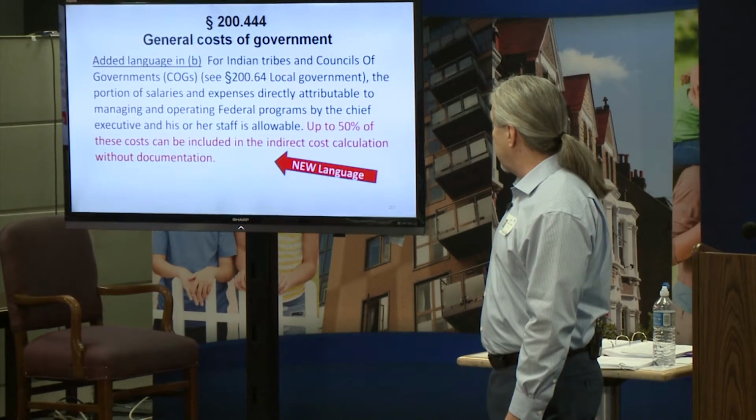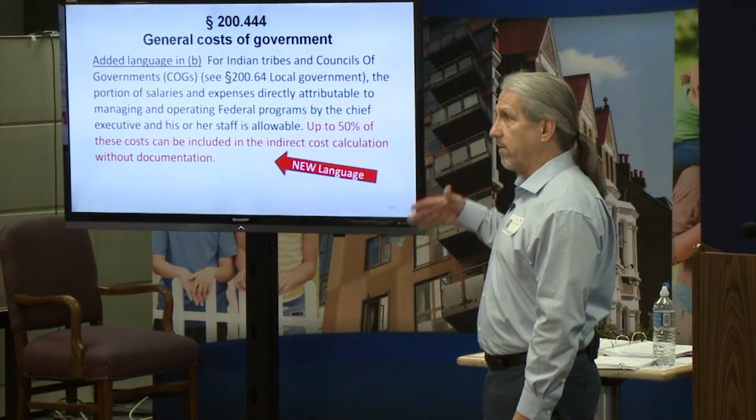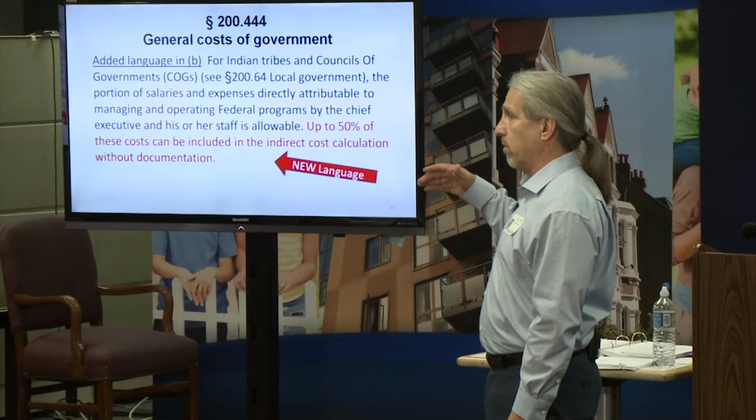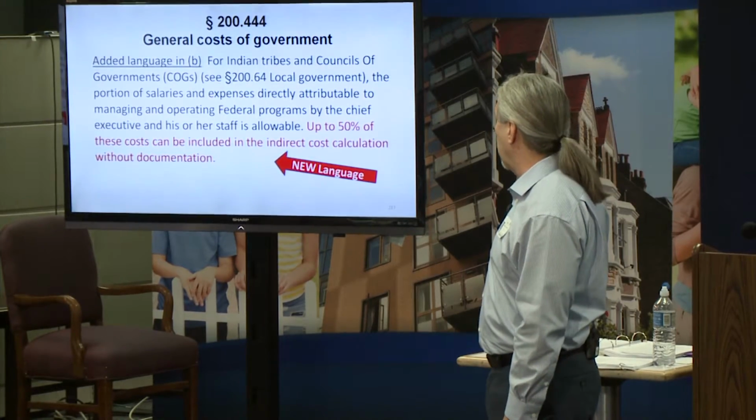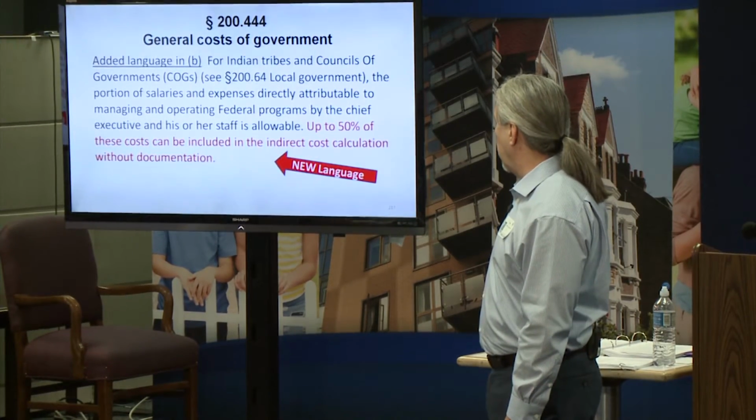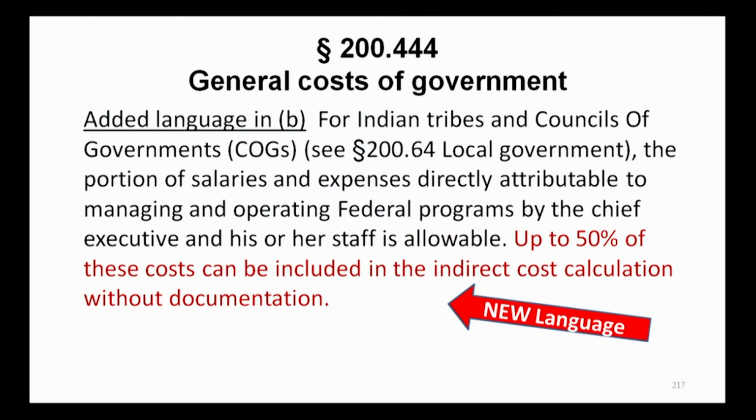General cost of government, we've known this for a while. There's no change here. The cost of government is not an allowable cost to our federal programs, unless it's attributable to the operating and managing federal programs. So the new language here, which is good for folks that have indirect cost proposals, up to 50% of those costs can be included in the indirect cost calculation without documentation.